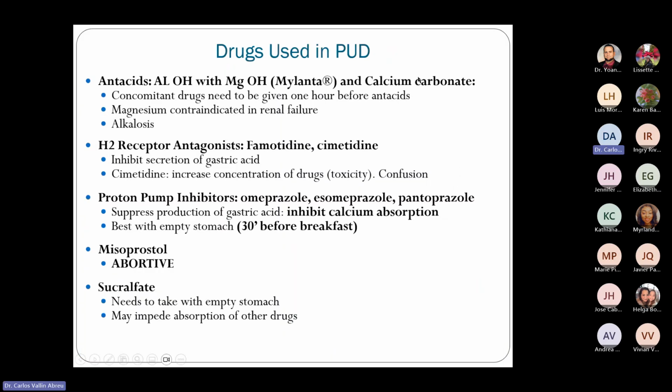Of the drugs used for the treatment of ulcers, don't forget that the antacids interact a lot with other prescription medications, because if oral prescription medications are combined with antacid at the same time, those other medications are going to be inactivated.